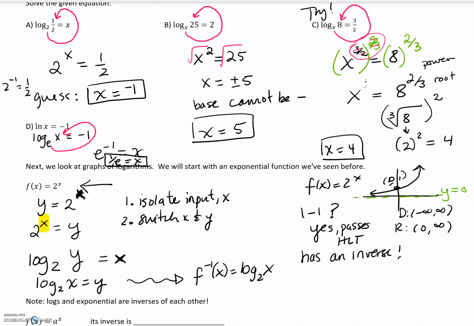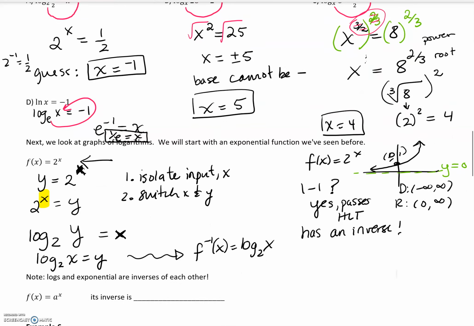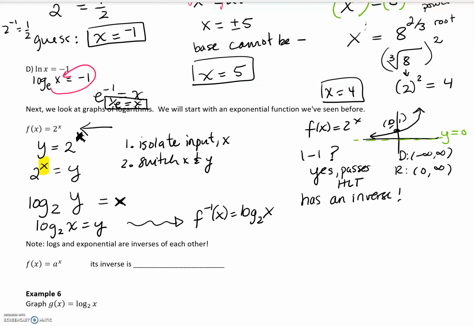I followed the steps of trying to find an inverse, and it got me to this log function, which means logs and exponentials are inverses of each other. So always remember that. If I give you an exponential function a to the x, whatever the base a is, its inverse will have to be log base a of x. Logs and exponentials are inverses of each other.